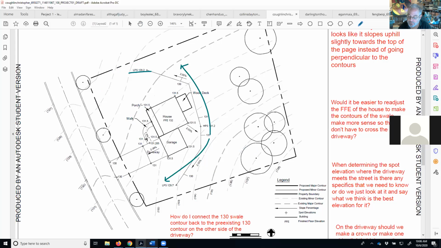When determining the spot elevation where the driveway meets the street, is there any specifics that we need to know, or do I just look at it and say what I think is best for the overall elevation? That's a great question. To begin with, when I'm doing a concept, I just look at it and see what's best for the overall elevation. You, however, have to go and calculate the elevation here, and the elevation here eventually. And we've already had a little bit of this conversation.